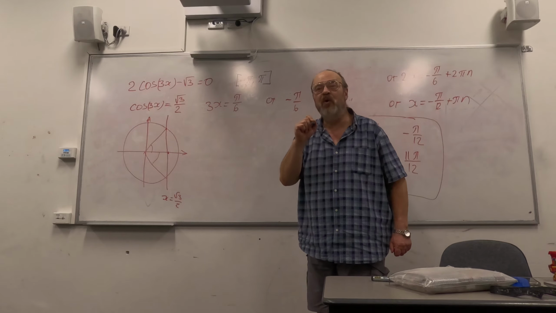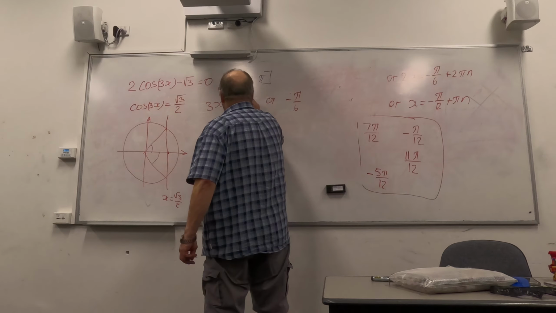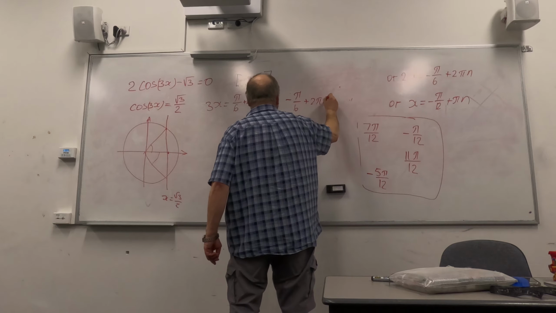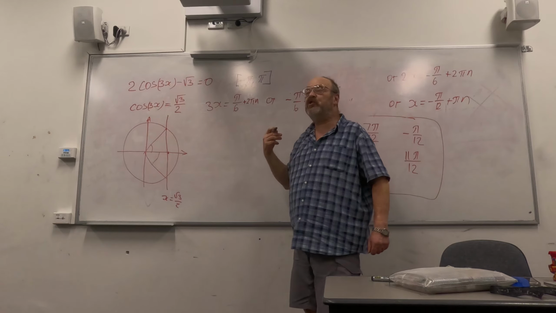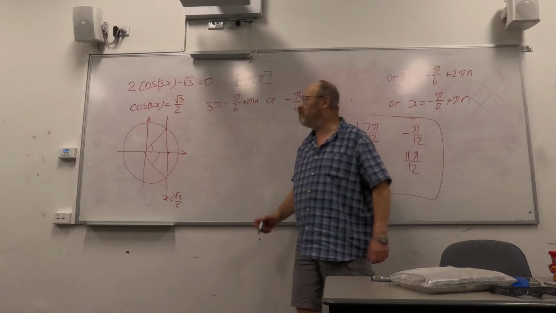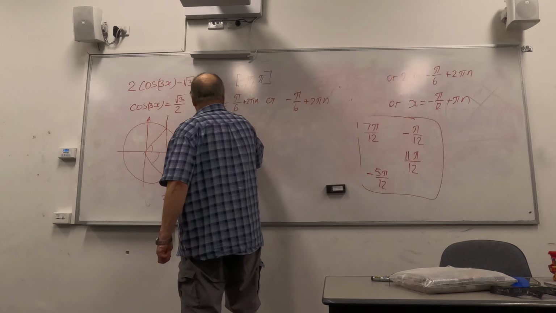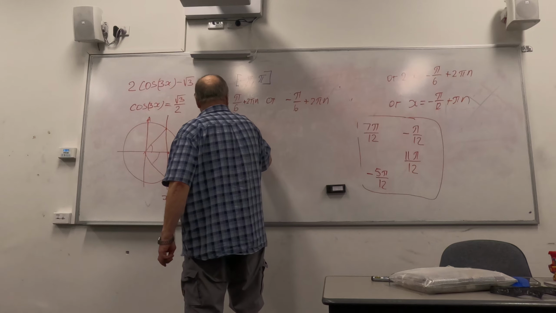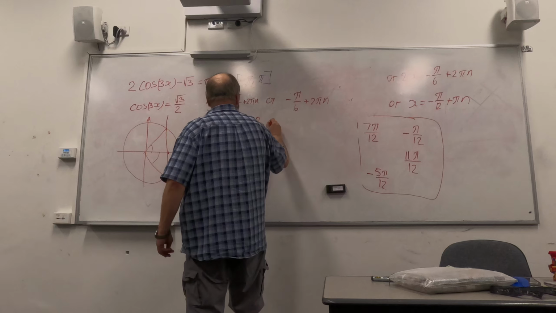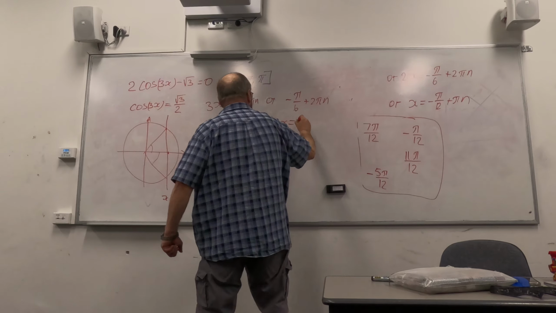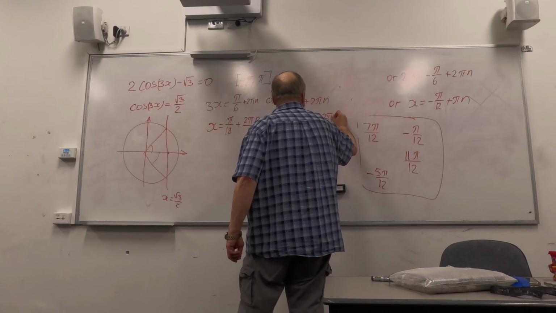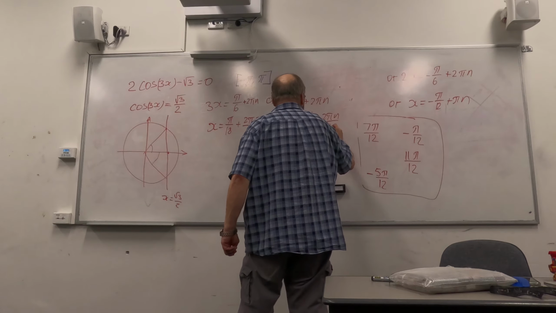Plus 2 pi n. But have you solved it for x? No. We need to divide by 3. So x equals pi on 18 plus 2 pi n on 3, or x equals negative pi on 18 plus 2 pi n on 3.